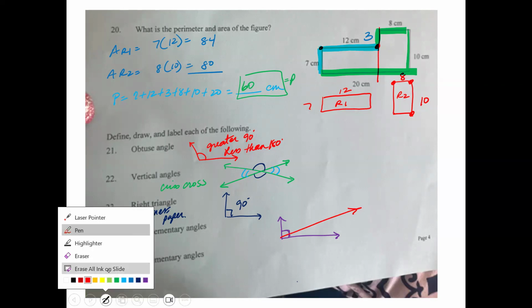So it's 2 angles that add up to... So this is A and this is B. Angle A plus angle B equals 90 degrees. Do you see that? With vertical angles, put A, B, C, D. Angle A is equal to angle B, comma, angle C is equal to angle D. Do you see that? Yeah.